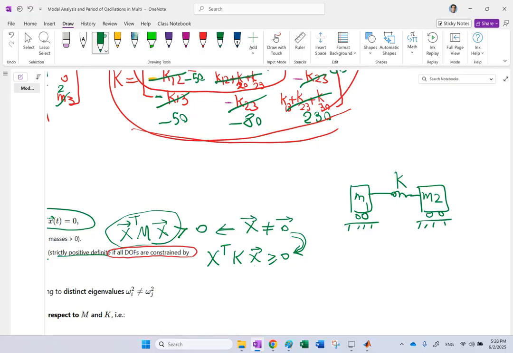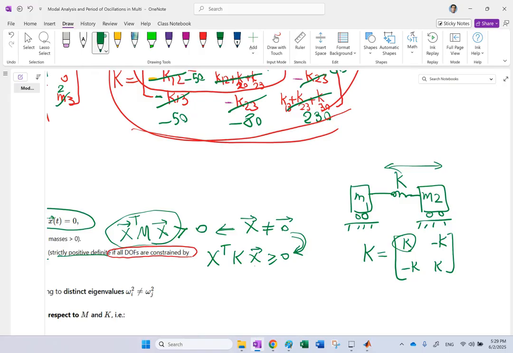In this system, if you find the K matrix, it is simply going to be K and K here, and then negative K and negative K, because nothing is attached to the ground, and the system can have a rigid motion. It's a degenerate system. And that K matrix, this guy is positive, but the determinant of K in this case is 0.